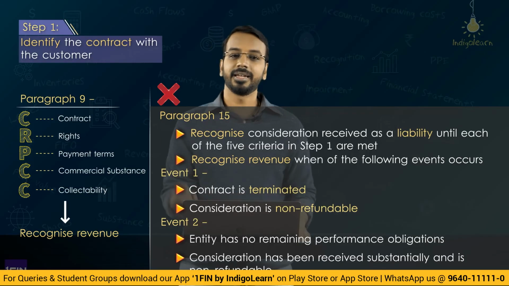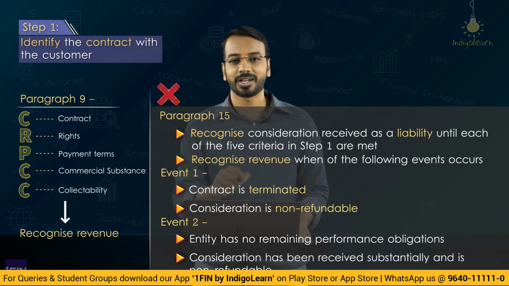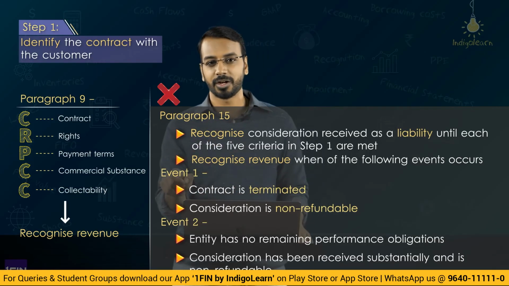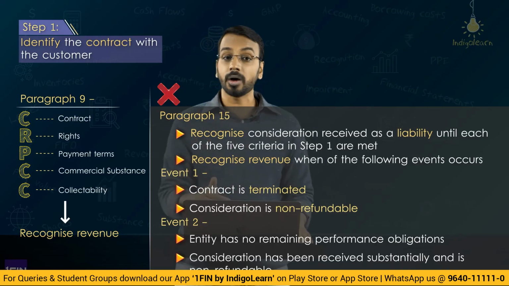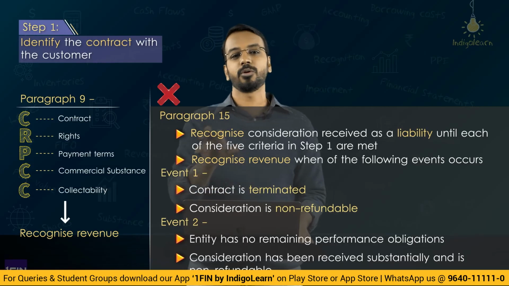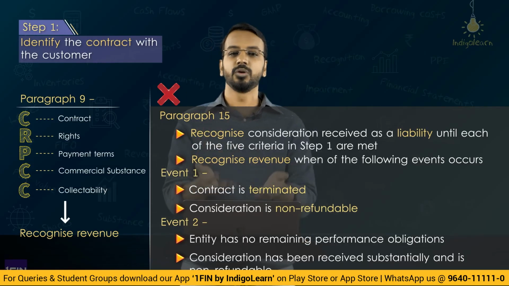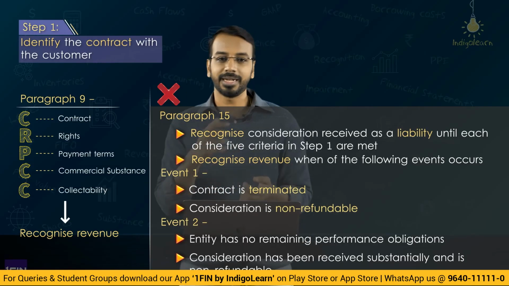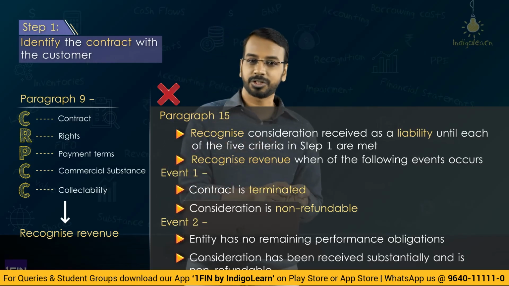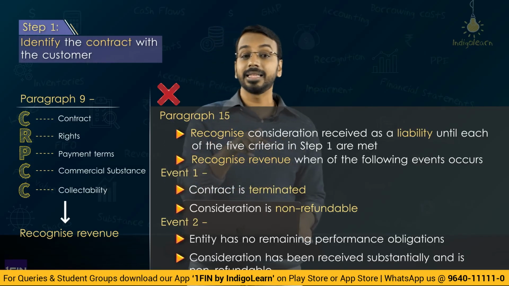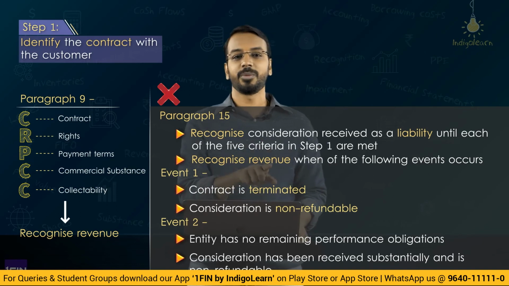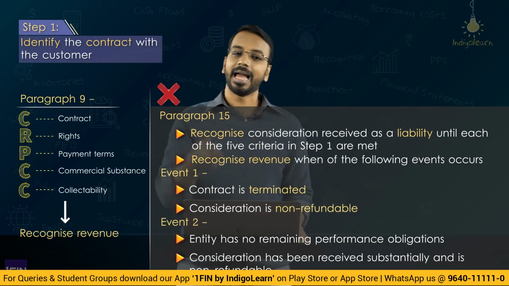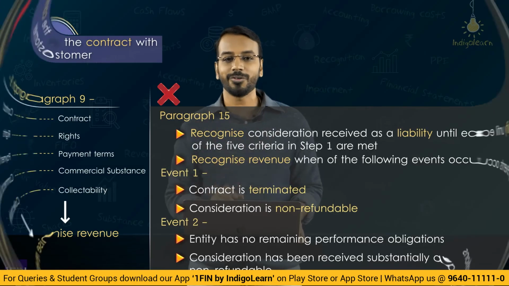That is, either the entity receives all or substantially all of the consideration and that consideration is non-refundable, and anyways there are no further obligations because the machinery has been transferred, or the contract is cancelled and the amount becomes non-refundable. So, let us say at a future date P Limited defaults. If P Limited defaults, G Limited will take back the machine, the contract would be cancelled, and this non-refundable deposit of 1 lakh will not be refunded, and you will recognize it as revenue at that point of time.